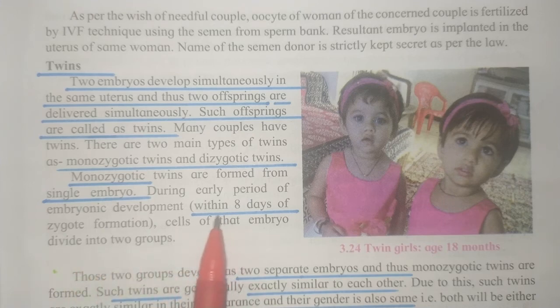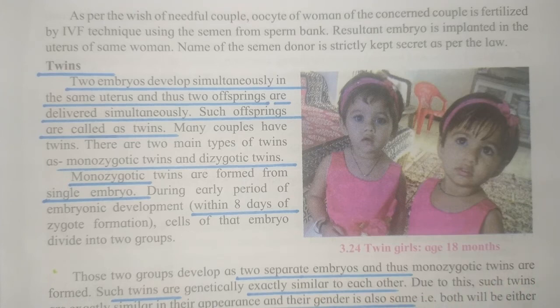Those two groups develop as two separate embryos, and thus monozygotic twins are formed.